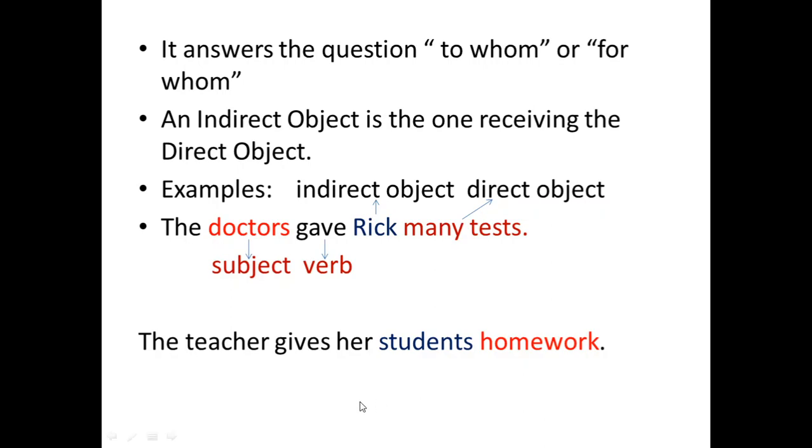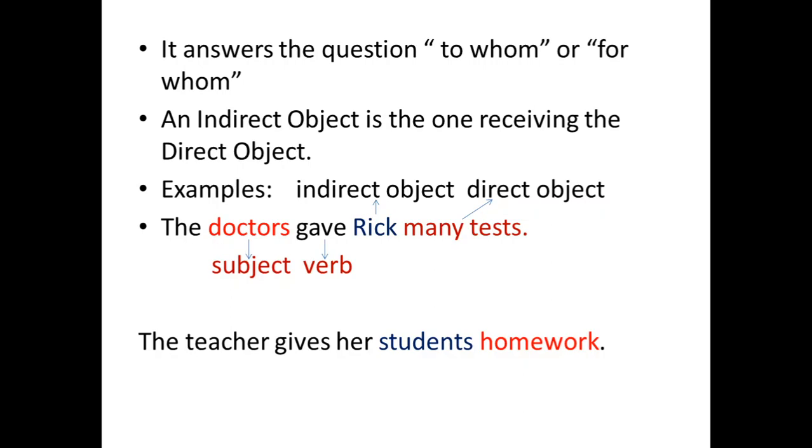So again, the teacher gives what? This is for the direct object. Or we can say, what does the teacher give? The teacher gives homework, exactly. Homework will be your direct object.